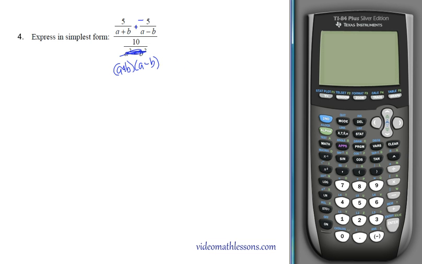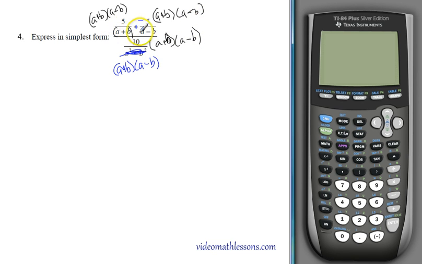Now when I look at the problem and I say, what's the common denominator? It's going to be a plus b, a minus b. I'm going to put that in all the numerators. Okay, now we're going to cancel if we can cancel.